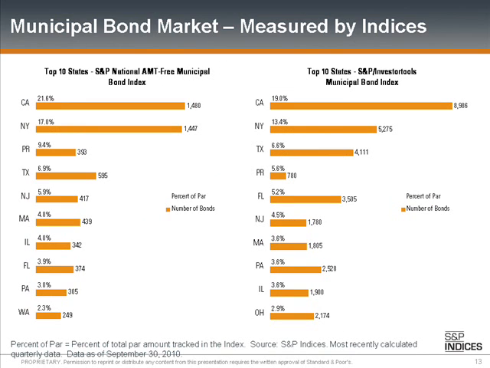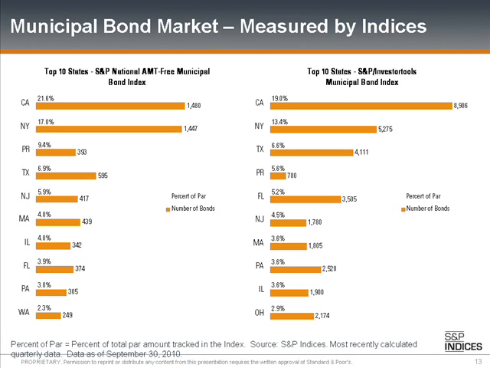Let's look at the bond market from a state of issuance perspective, and the way we're measuring this is by par amount and by number of bond issues in the indices, and it could be any bond issued within the state, whether it was issued by a local government or a state or a state authority.